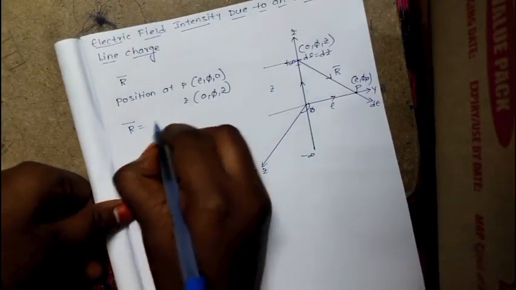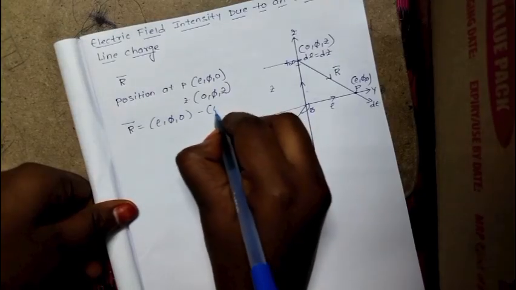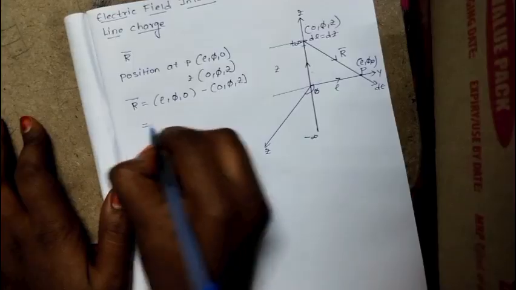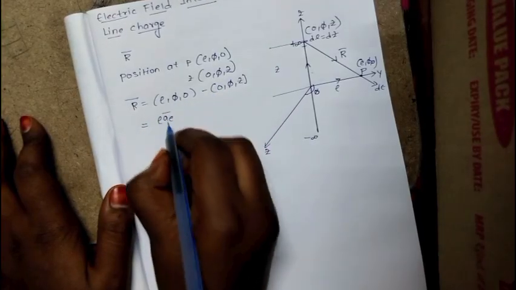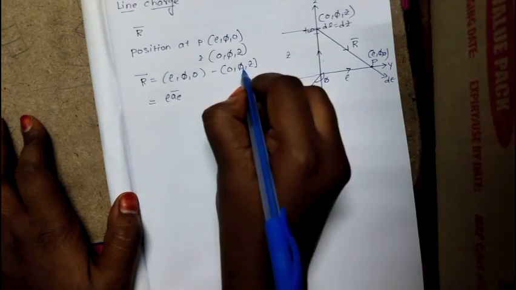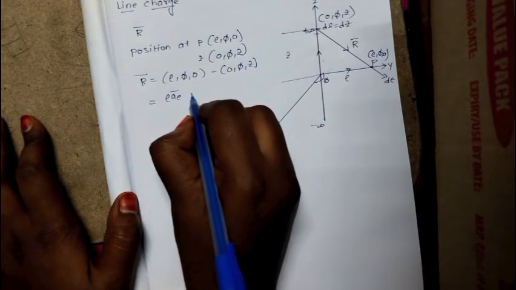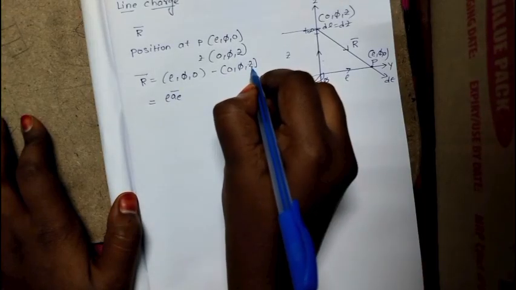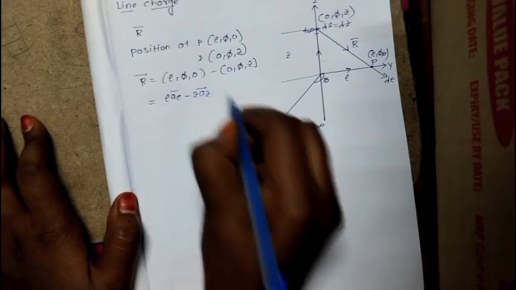R bar is equal to (rho, 5, 0) minus (0, 5, z). Rho minus 0 is rho arrow bar. Next 5 minus 5 is 0. We have to mention this 5. Next 0 minus z is minus z az bar.